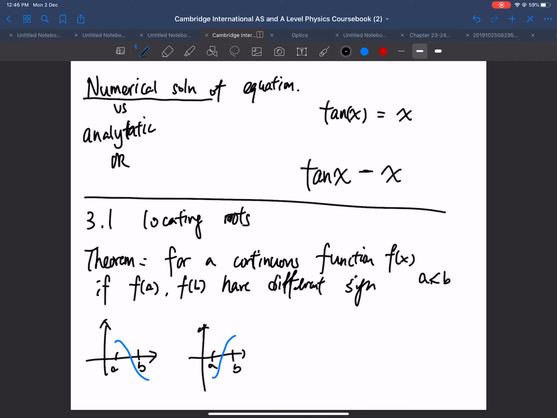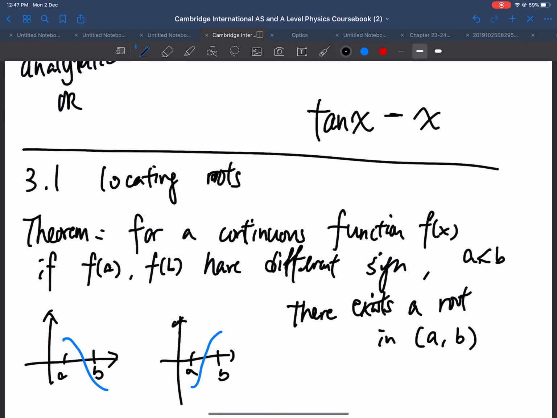It tells you that there exists a root in between a and b, excluding a and b.